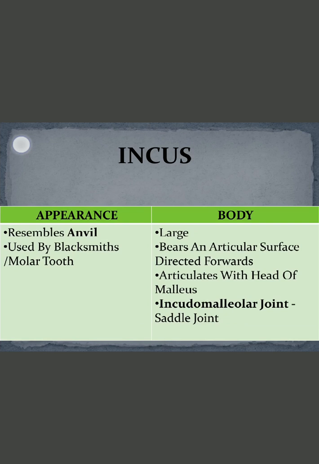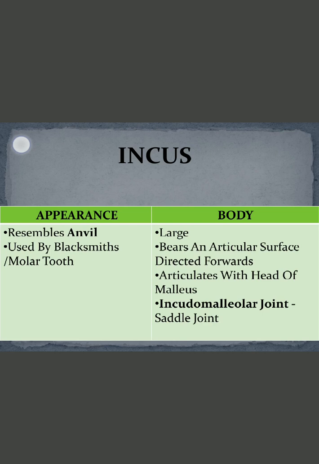The next ear ossicle is the incus. The appearance of the incus is like an anvil. Anvil is an instrument that is used by blacksmiths, or it also resembles a molar tooth. It has a large body with an articular surface directed forwards.